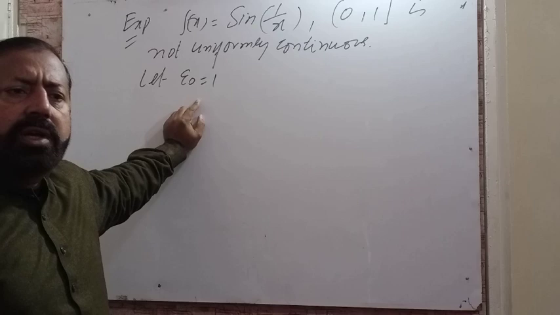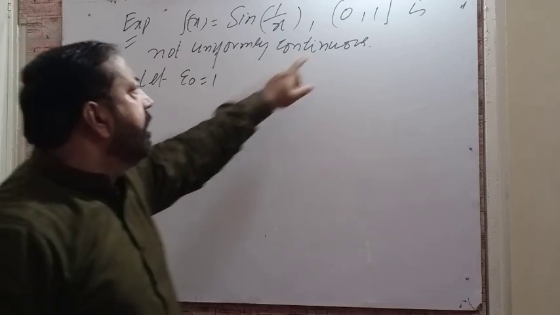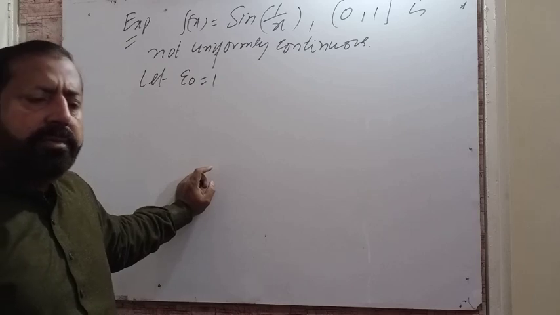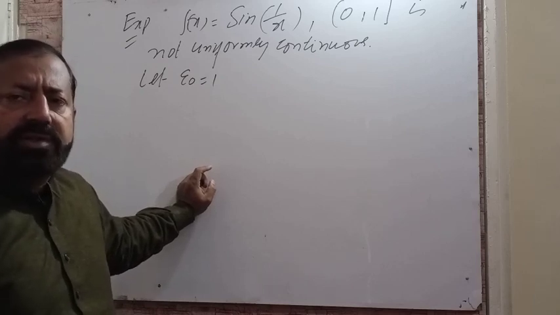Again, you choose two sequences in this domain so that |xn - yn| is less than delta.